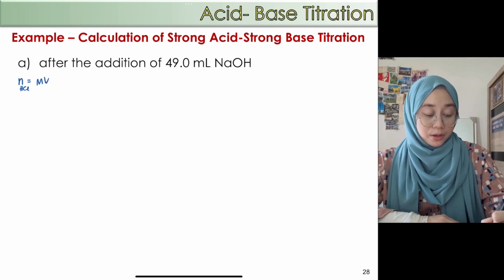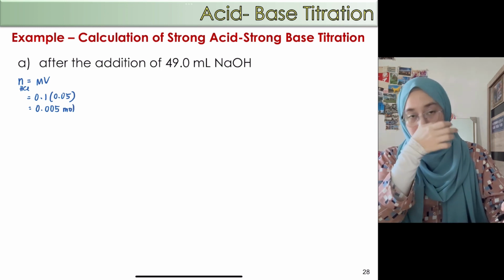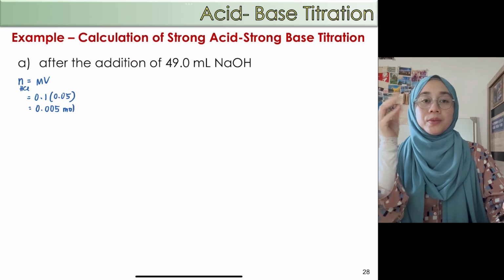Kat sini kita guna formula MV, so molarity 0.1 darab dengan volume dia 0.05. Make sure tukar jadi liter, so dia akan jadi 0.005 mol. Ini yang initial sebelum kita tambah.